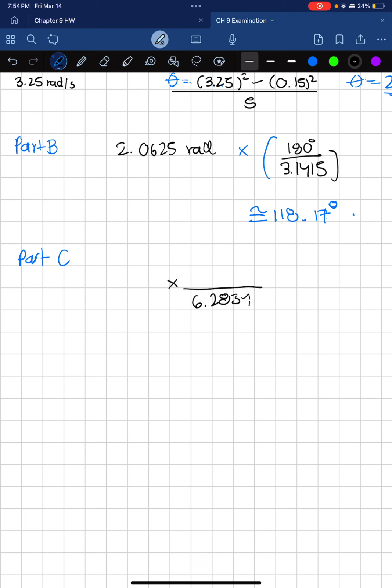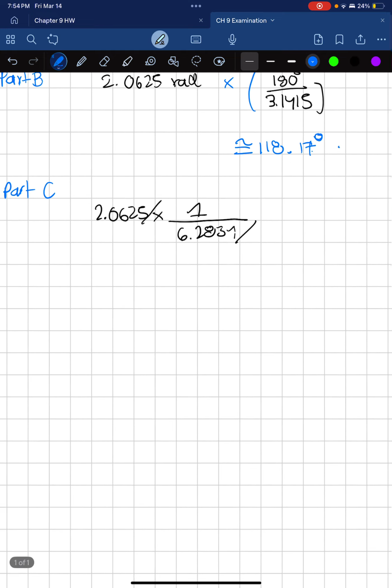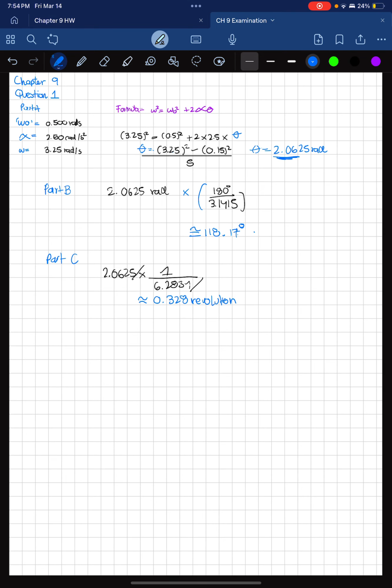So we put that here so we can cancel out the radians. This is in revolutions, I am sorry. And then we get that the angle from part A is 0.328 revolutions. So we got it from the angle in radians, to degrees, to revolutions.